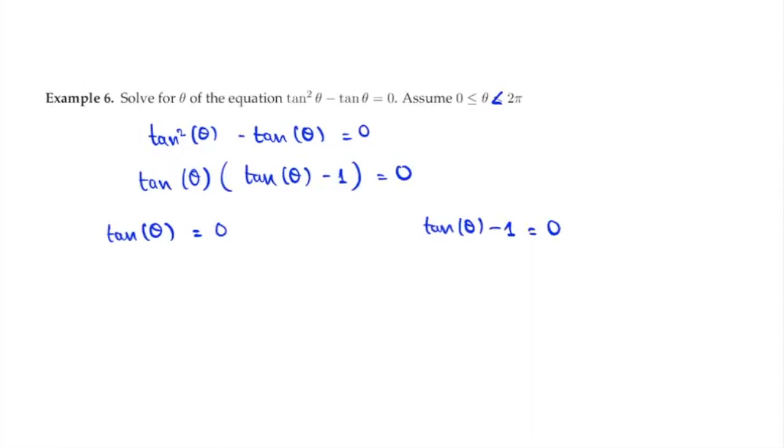So here on the left-hand side, you have tangent of theta equal to 0. Remember, tangent of theta can be written as a fraction, sine of theta over cosine of theta. So technically, what you're looking for is the value of theta such that sine of theta equal to 0. Let's go back to the unit circle.